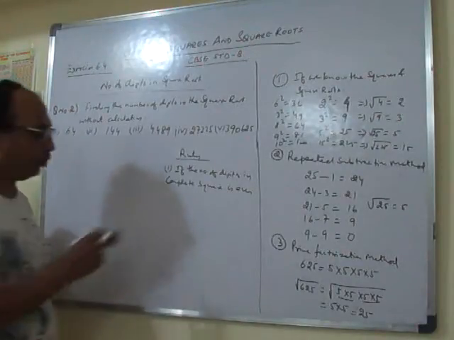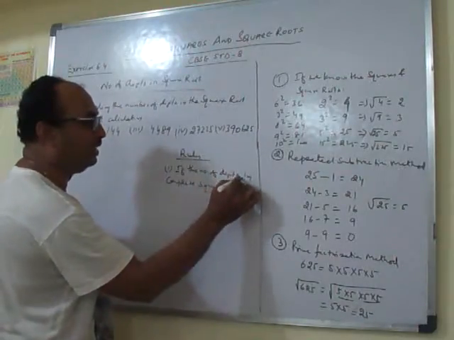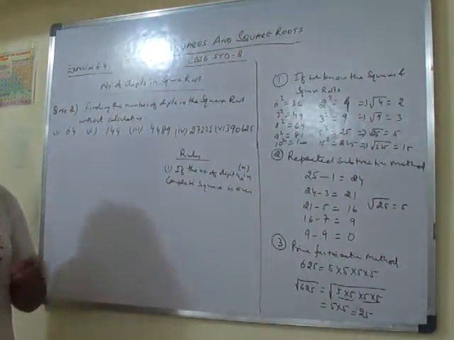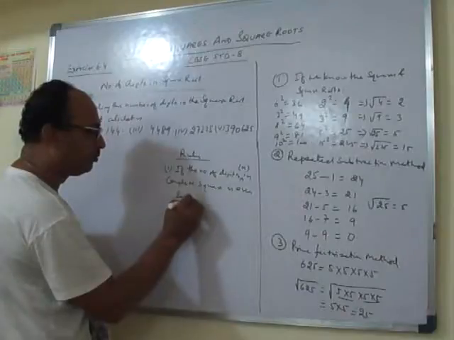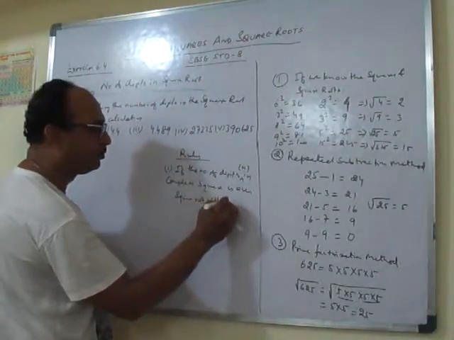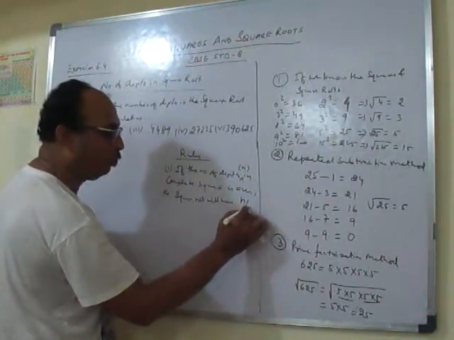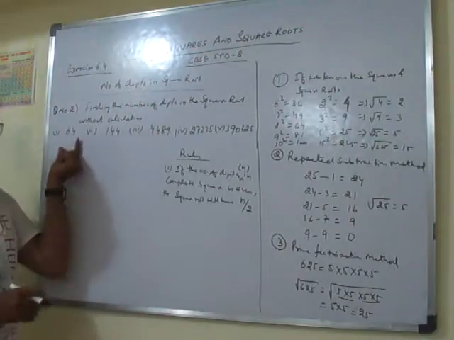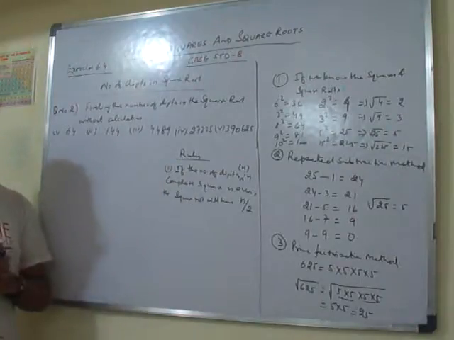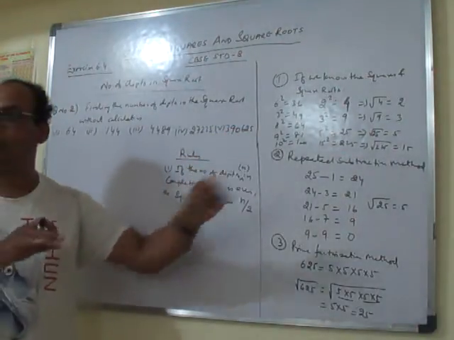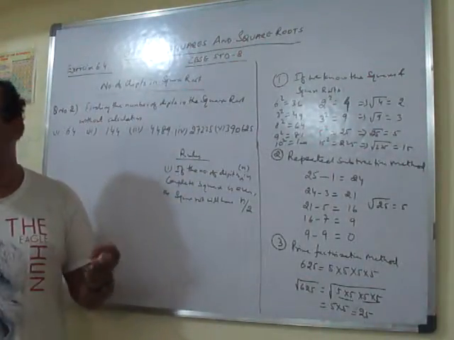In that case, the square root will have n by 2 digits. If the number of digits is 2, divide by 2. If it is 4, divide by 2. If it is 6, divide by 2. If it is 100, divide by 2. If it is 150, divide by 2, because these are all even numbers.